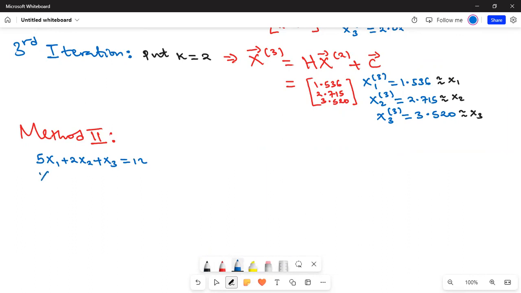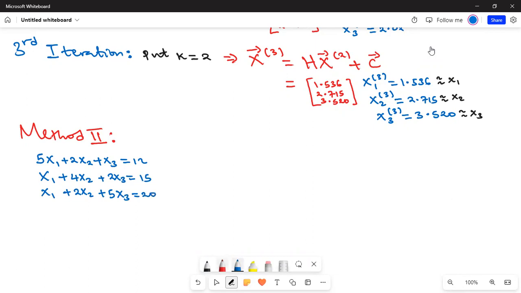The other one is x1 plus 4x2 plus 2x3 is equal to 15. Another one is x1 plus 2x2 plus 5x3 is 20.